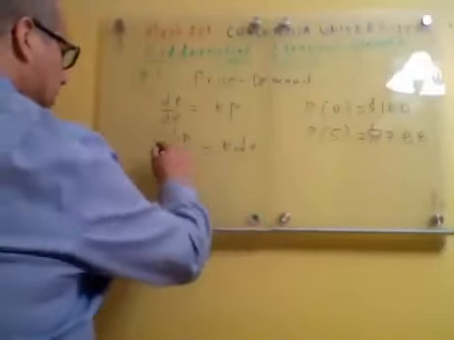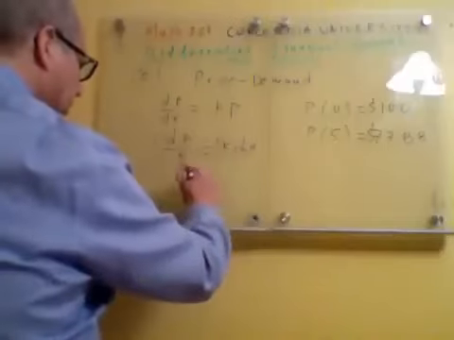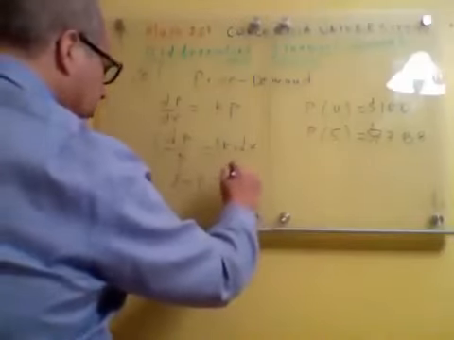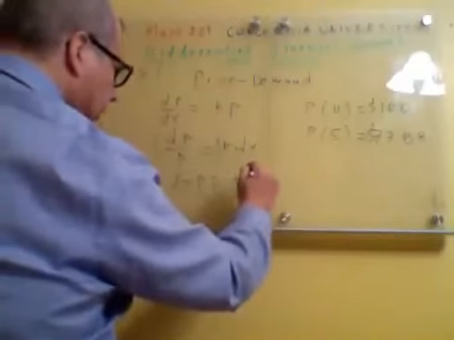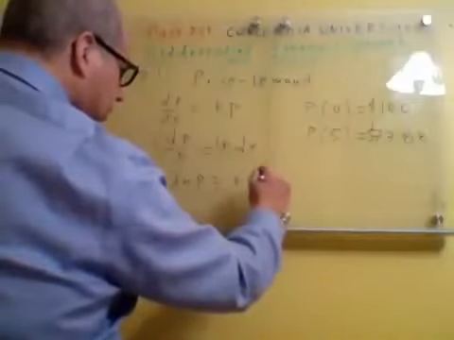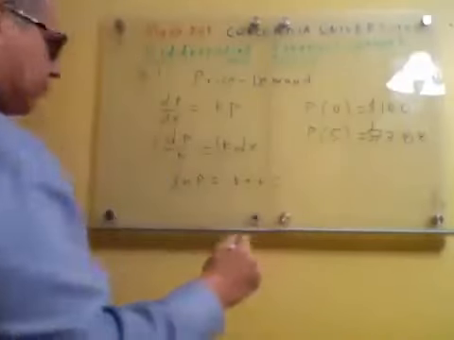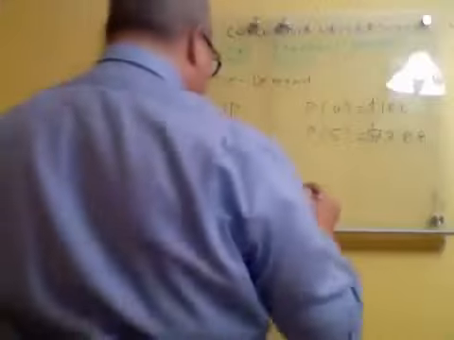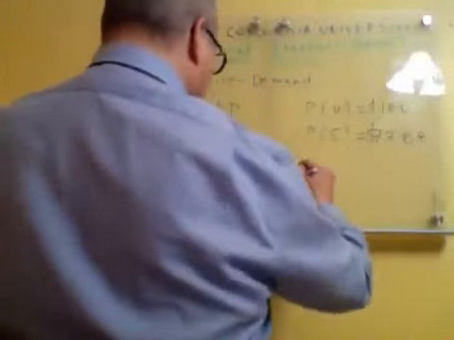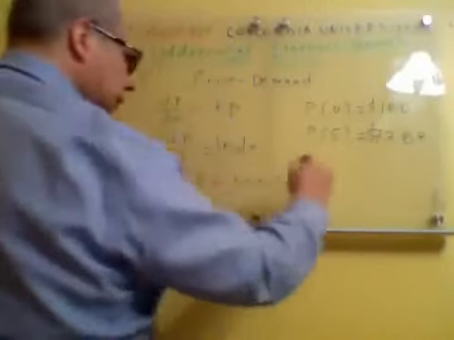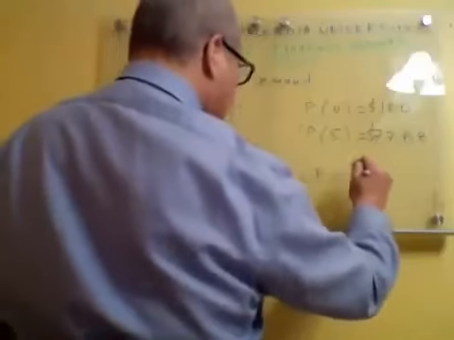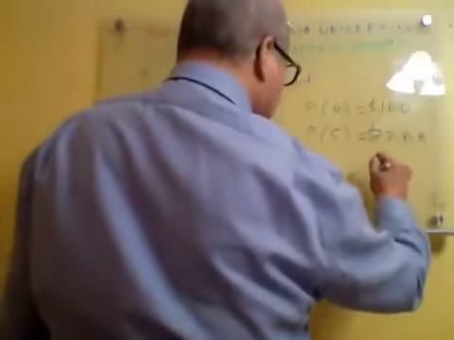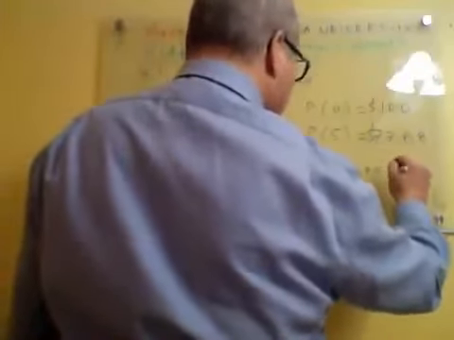And again, if you take the integral here, you have the ln of P is equal with Kx plus C. From that, you have that P is equal with e to the kx plus c.